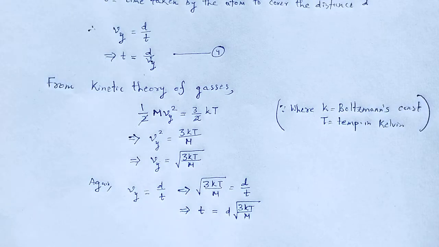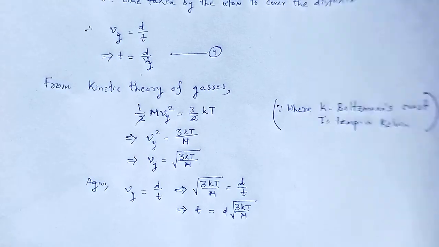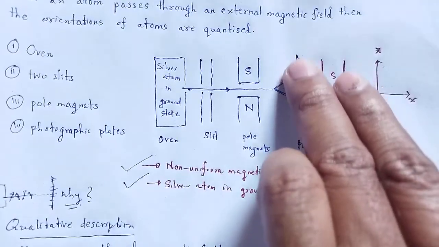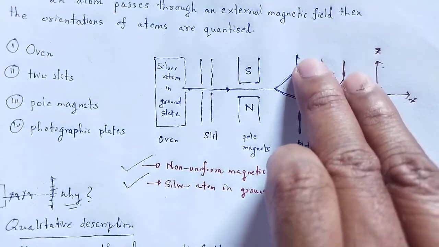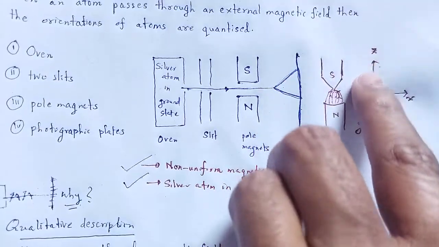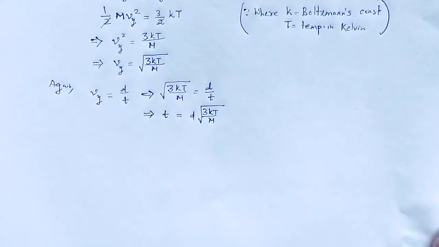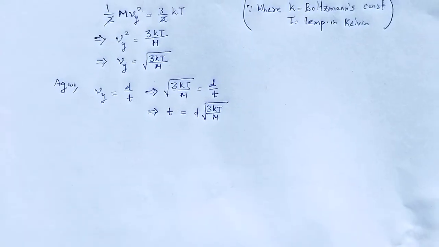Now, if the transverse deflection be z, that is the transverse deflection in the z direction, then what happens here?